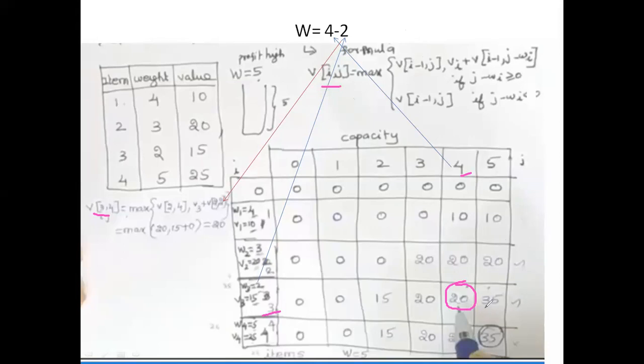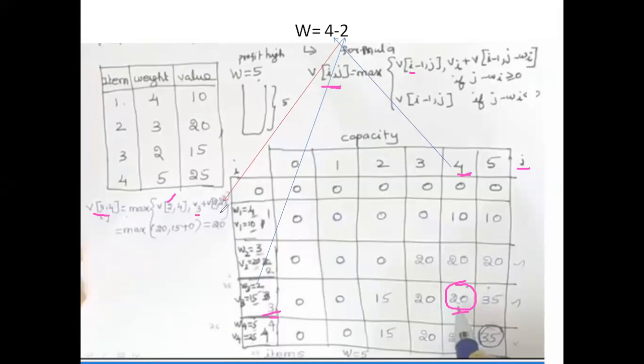Now let's see how this value we are getting by applying this formula. So V of I, this is J value 4, I value is 3. So 3, 4, I, J, 3, 4. So V of I, 3 minus 1, 2, comma V3, I is 3.